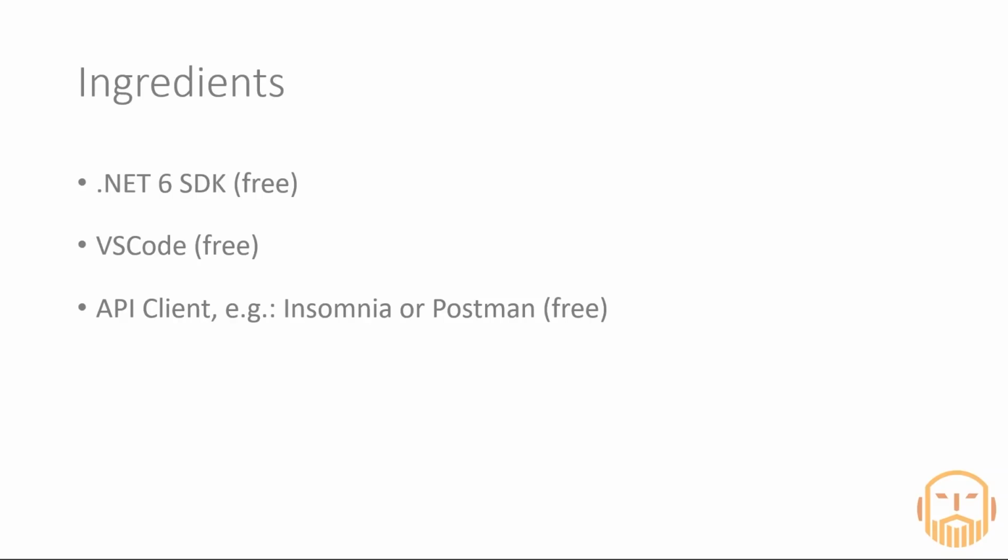An API client, so we're going to be testing the APIs, so you can use a web browser if you want, but I would definitely recommend either one of these, Insomnia or Postman, both of which are free. I'm going to be using Insomnia today. And then Docker or Docker Desktop, which is free. The only reason that I'm including that is because we're going to stand up a SQL Server database. If you already have a SQL Server database running in some other way, that's fine, just use that.